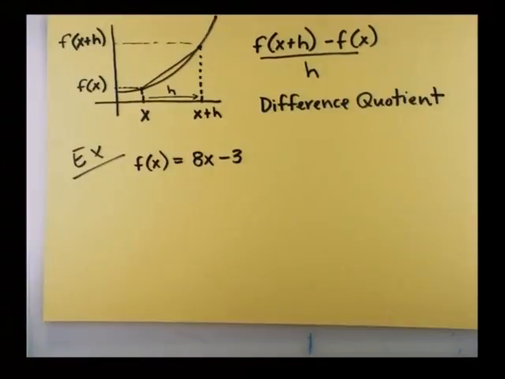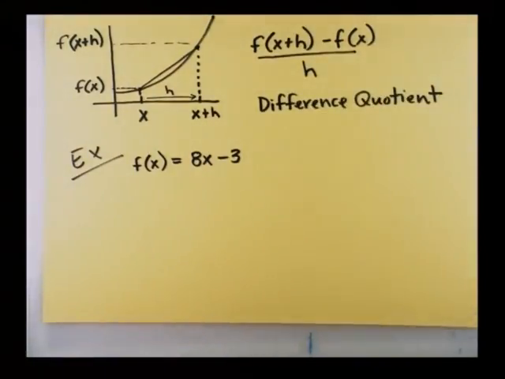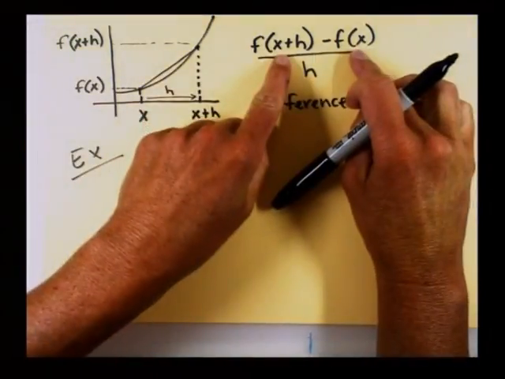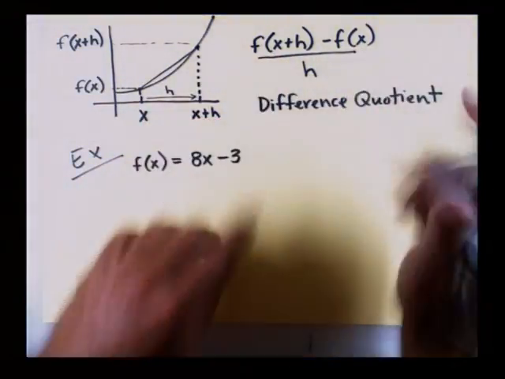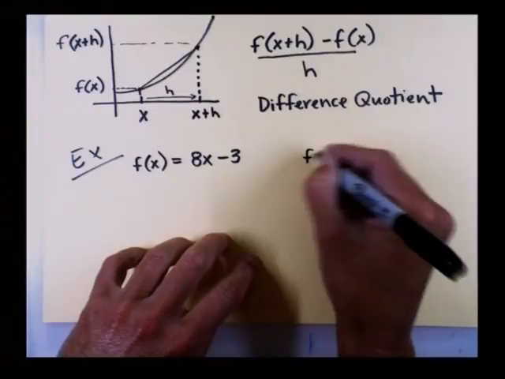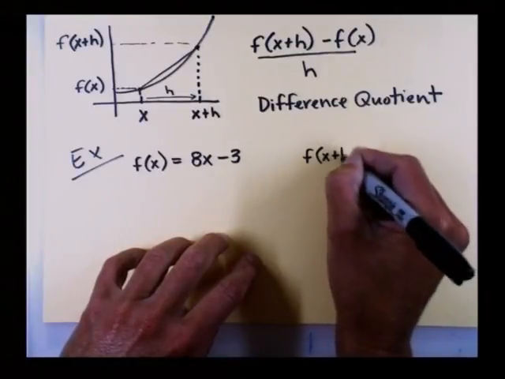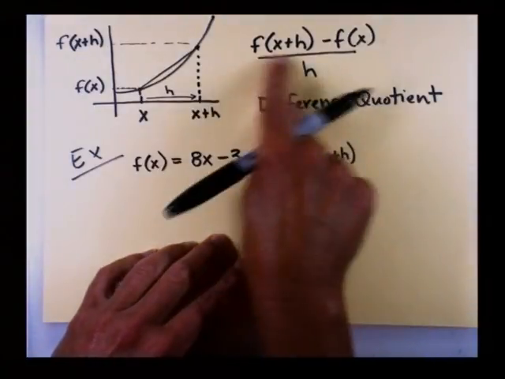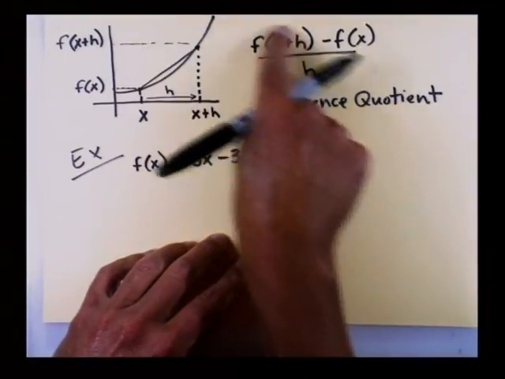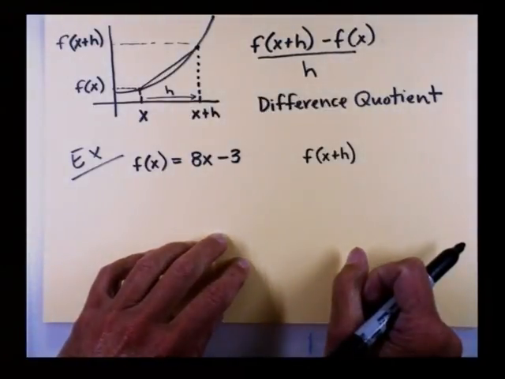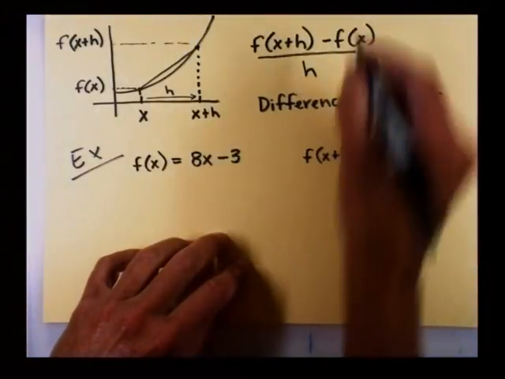And what I'm going to be doing is, like I said, finding the difference quotient. So I need a couple of pieces. I need to know f of x plus h, because I need a value or an expression that I'm going to put in here for that piece. And I need the f of x.